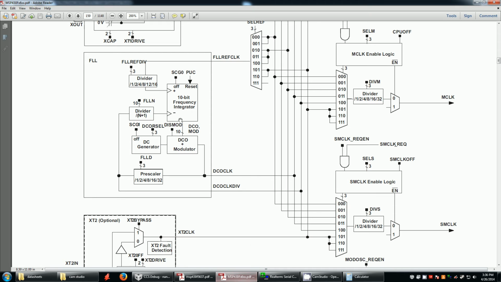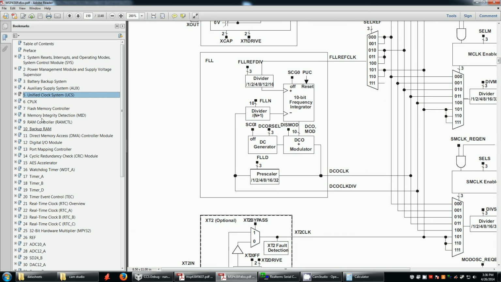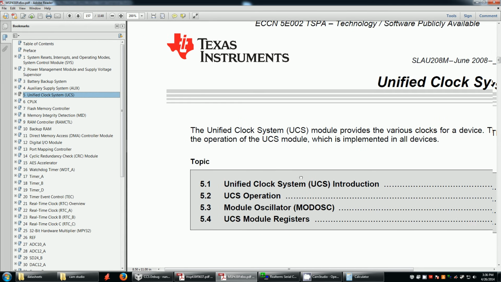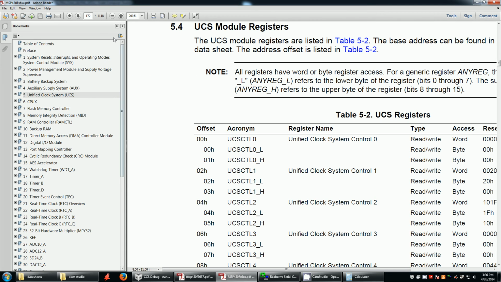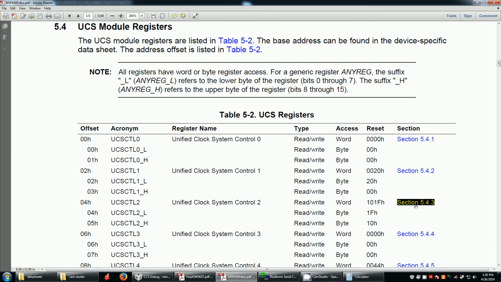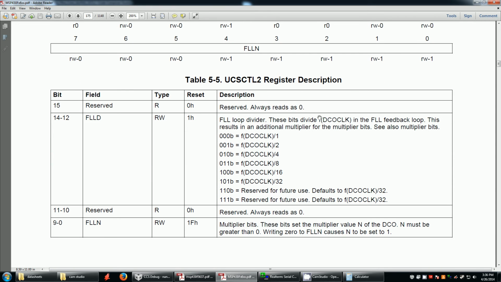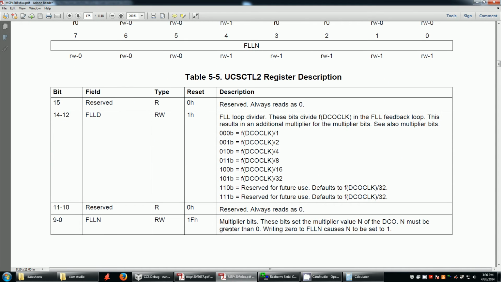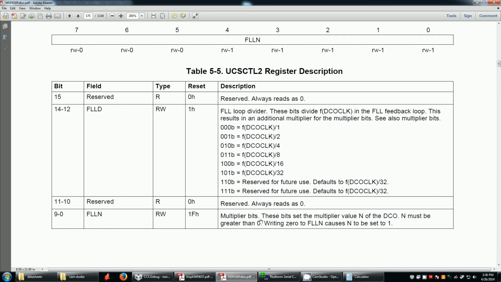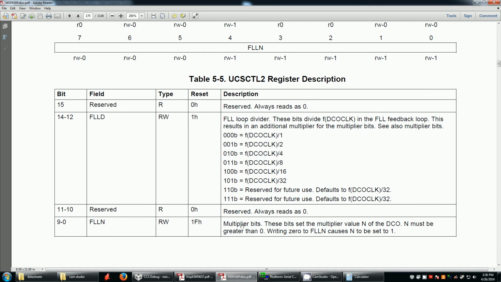And if we look at the register for this, register CS2, you'll see this is the loop divider, and this is the N multiplier. So this is the D value, right? Where we put bits 0 to 9 in this register to represent the D value, that 0 to 511.